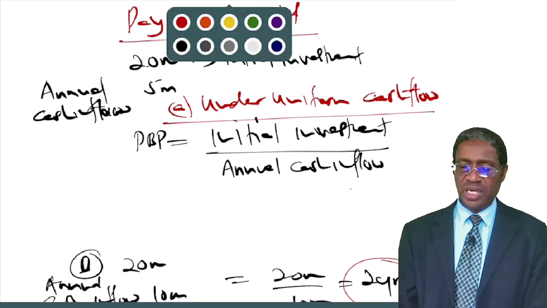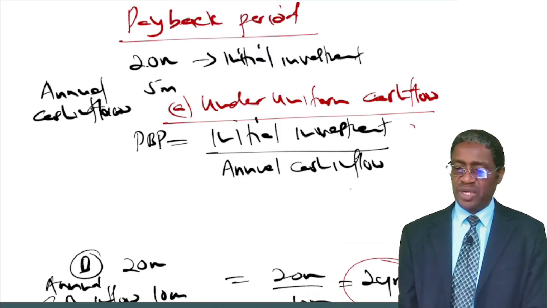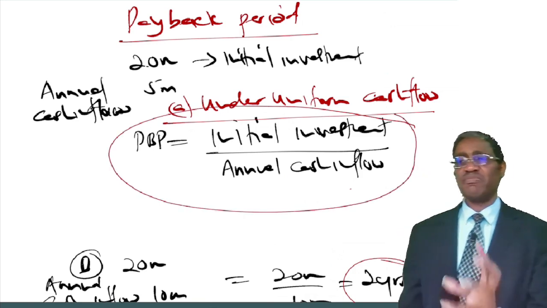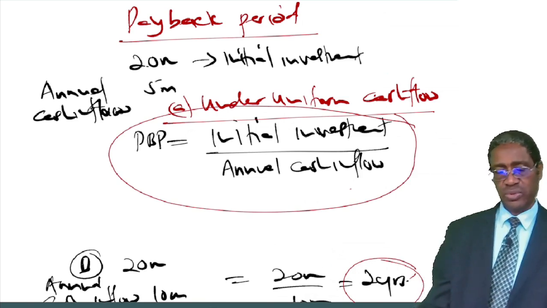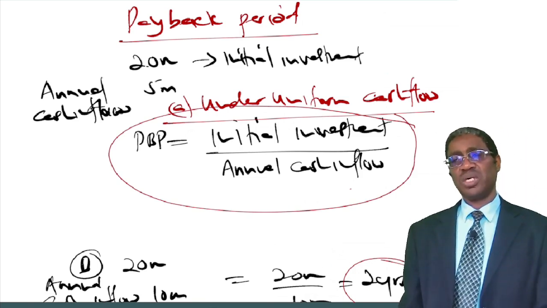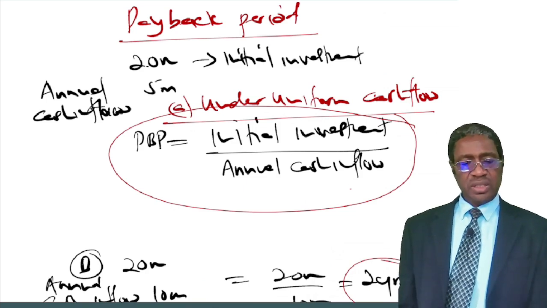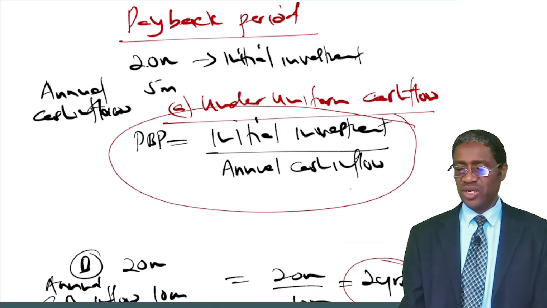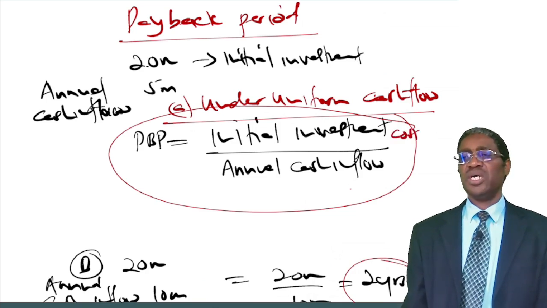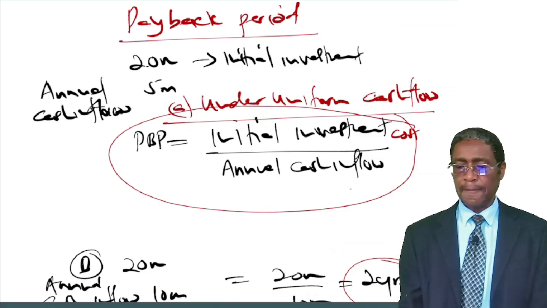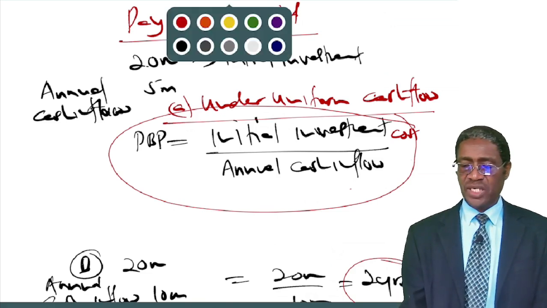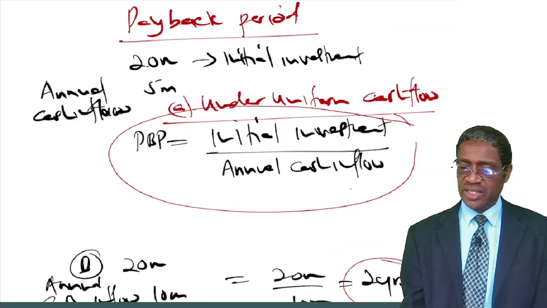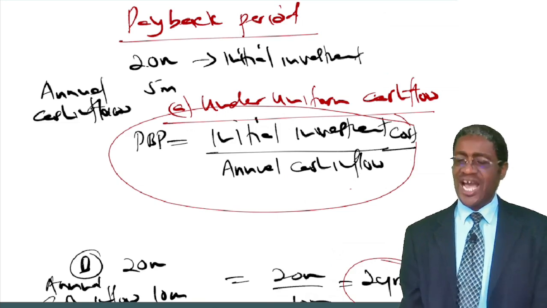Just copy this formula where we have said payback period equals initial investment cost, you divide that by the annual cash inflow.